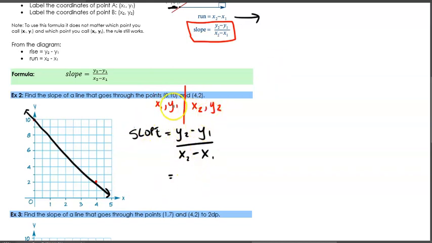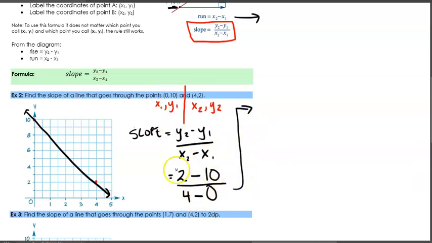So our y2 in this case is a 2. We're just going to do a simple substitution. And our y1 is a 10. This is all going to be over x2, which is 4, minus x1, which is 0. All I did was just a straightforward substitution. That was it.